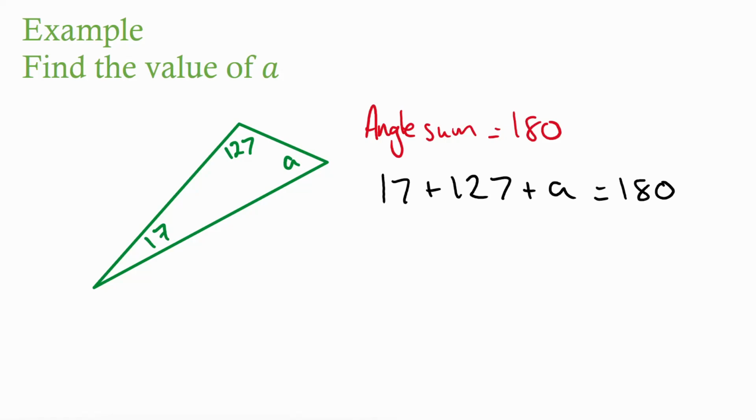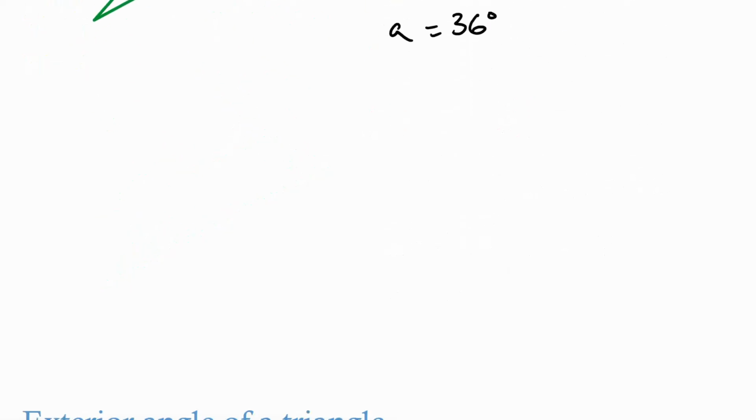So what I can do here is subtract the other angles from 180. So A is going to equal 180 minus 17 minus 127. So A needs to equal 36 degrees. Okay? That's a simple way of using the angle sum.